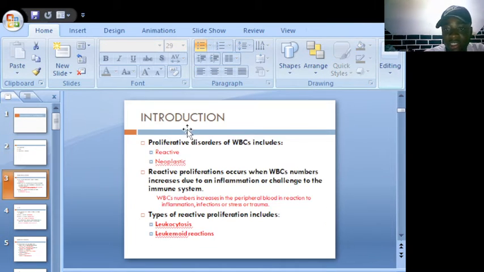Before we understand hematological malignancies, first of all, let's look at a little bit of introduction. It's very, very important.